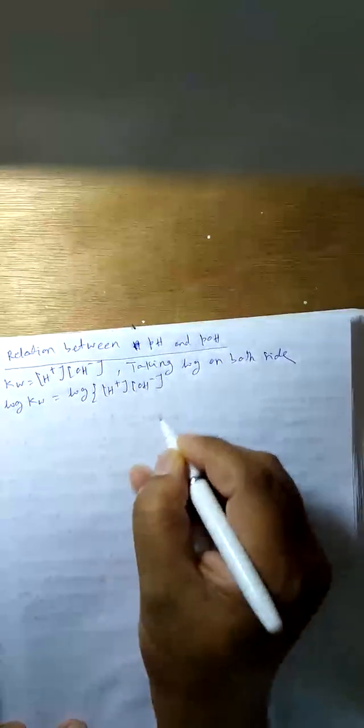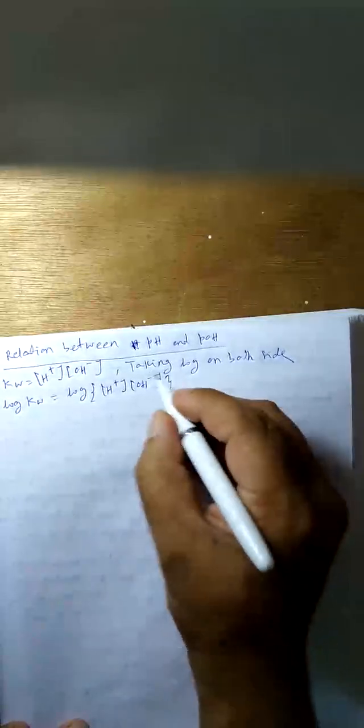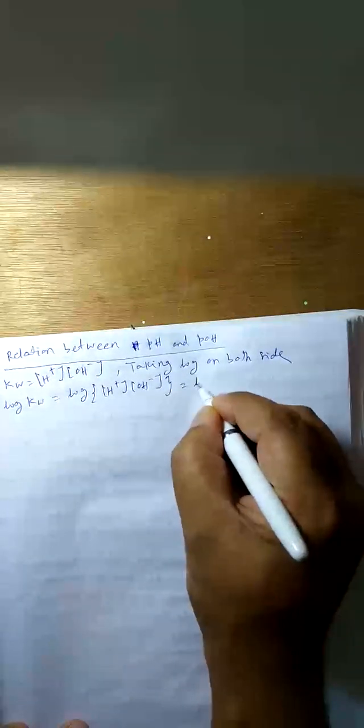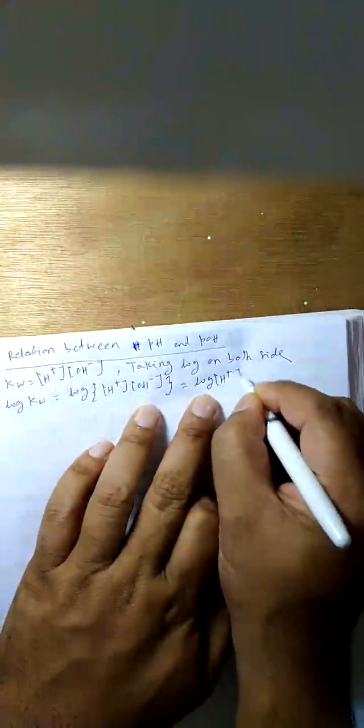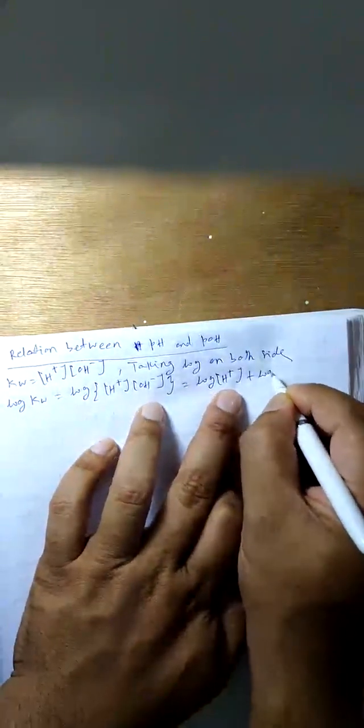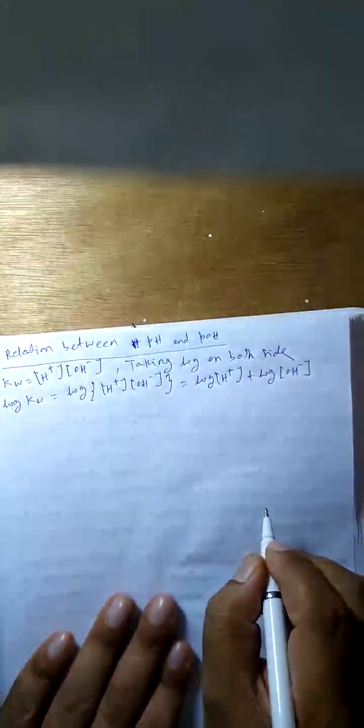Log Kw is equal to log of H plus concentration times OH minus concentration. That means log xy is log x plus log y, so log H plus concentration plus log OH minus concentration.